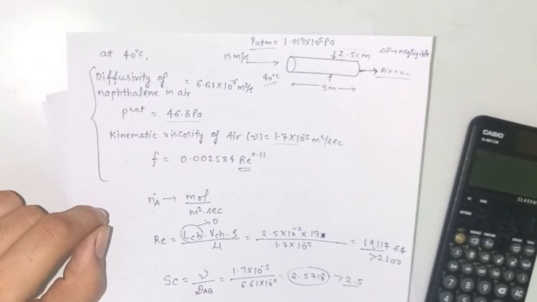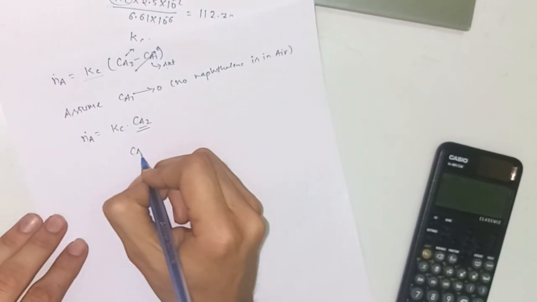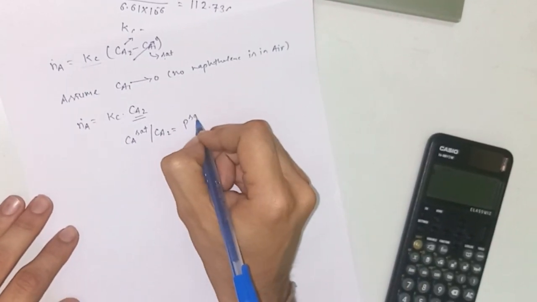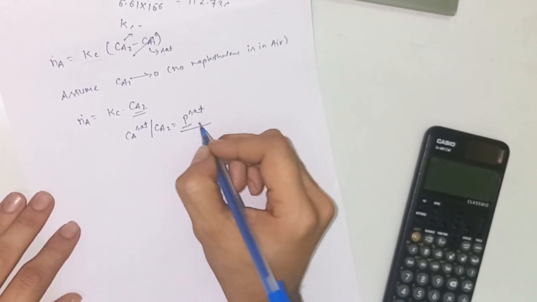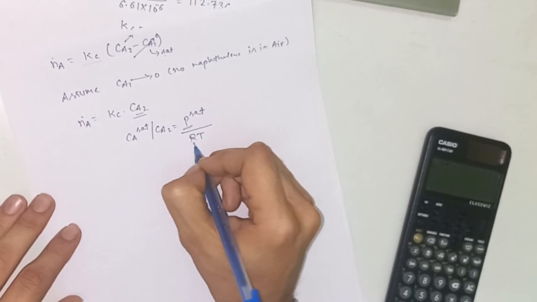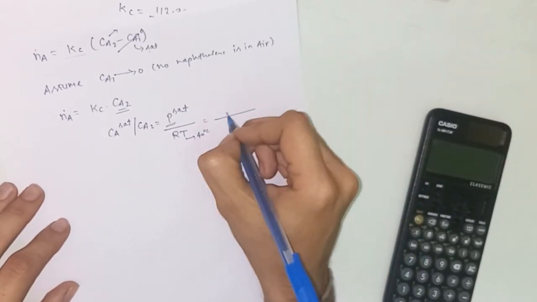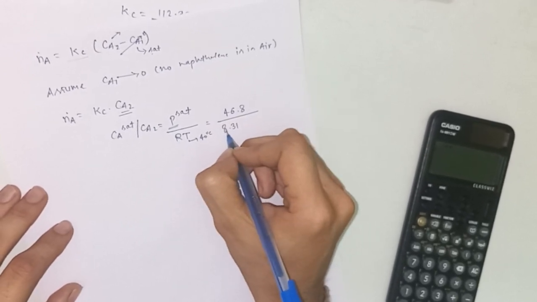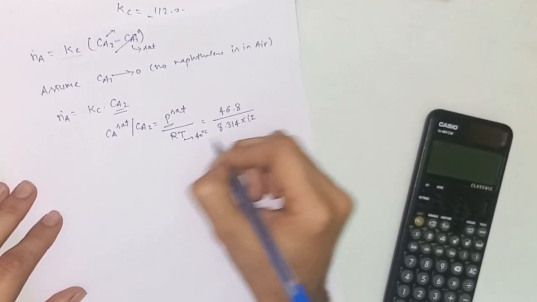The partial pressure is already given to us, and using the ideal gas equation we can find this concentration. So Ca2 is equal to P saturation, the partial pressure of naphthalene in the air at 40 degrees Celsius, divided by the gas constant times temperature, and this temperature is 40 degrees Celsius. Now by substituting all the values in SI units, the pressure is in Pascal, the gas constant is 8.314 Pascal meter cube per mole Kelvin, and the temperature is in Kelvin.